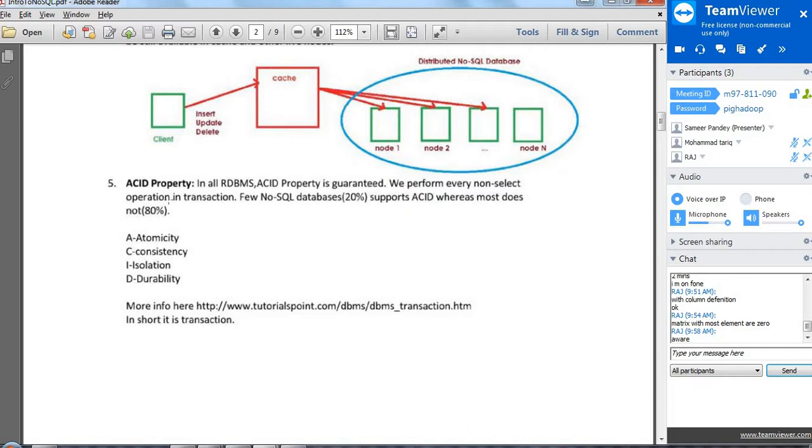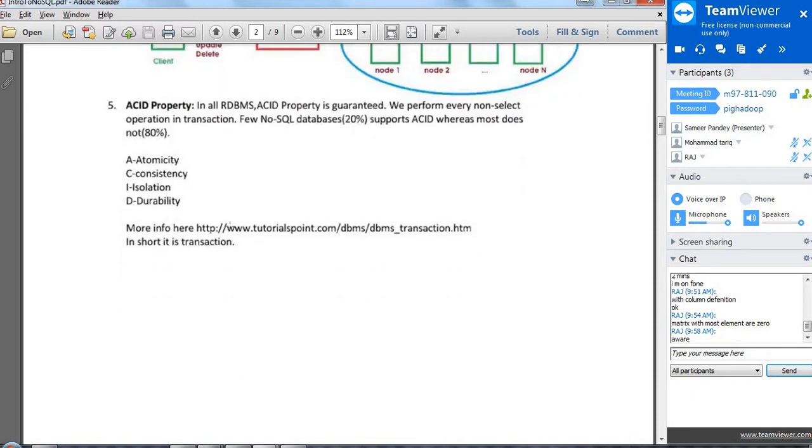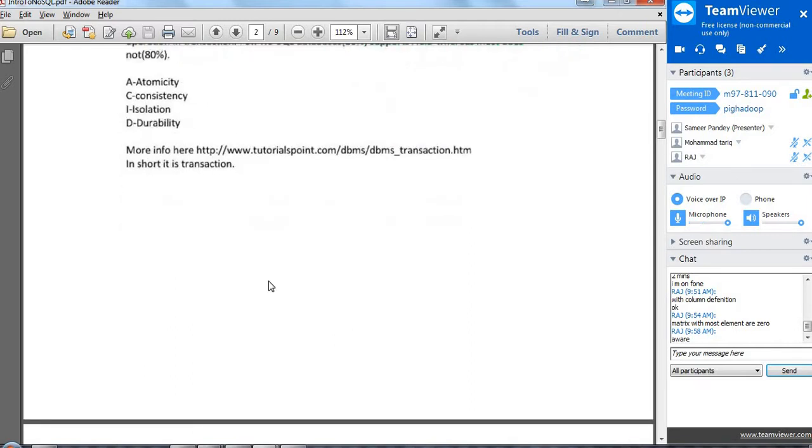We perform every non-select operation as a transaction. Few NoSQL databases, about 20%, support ACID, whereas most do not. So only 20% support the ACID property, but 80% don't. You can go to this link to understand in detail what the ACID property is all about.